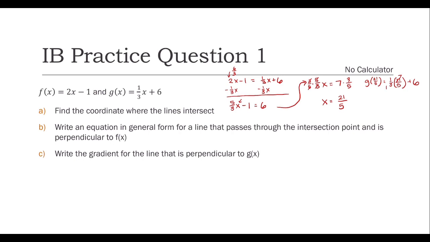So we have 7/5 plus 6. So with a common denominator, that would be 7/5 plus 30/5, which is 37/5. So that's our y value. So the coordinate where the lines intersect would be our x value, 21 over 5, comma, our y value, 37 over 5.